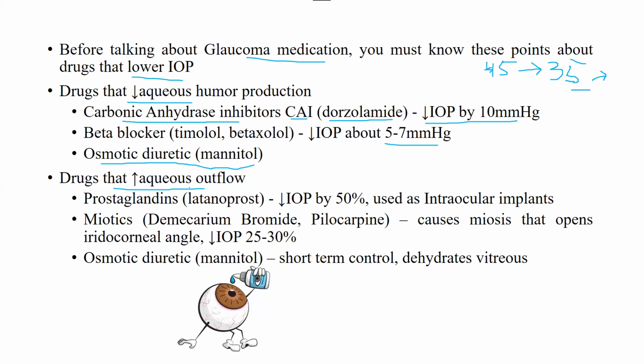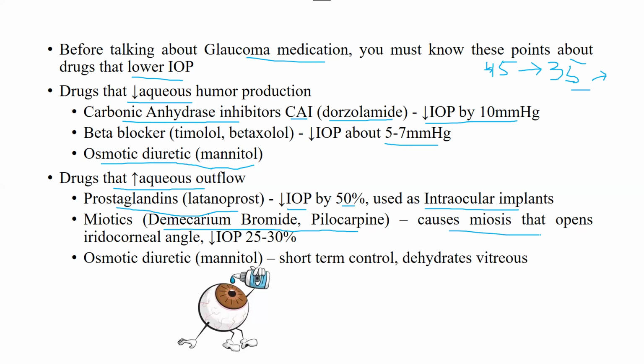The drugs that increase aqueous outflow are prostaglandins, such as latanoprost. It decreases IOP by 50%. It is used as an intraocular implant that is attached surgically in the eye, and it keeps on decreasing the IOP by 50%. Then we have miotics. These are the two miotics commonly used in glaucoma: demecarium bromide or pilocarpine.